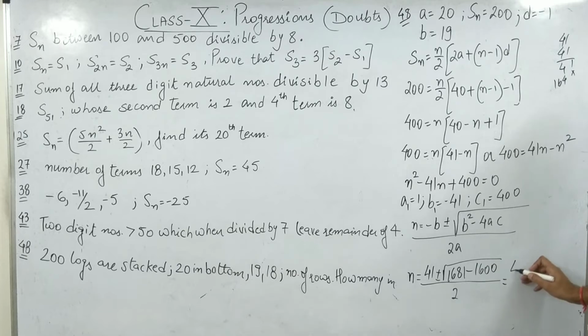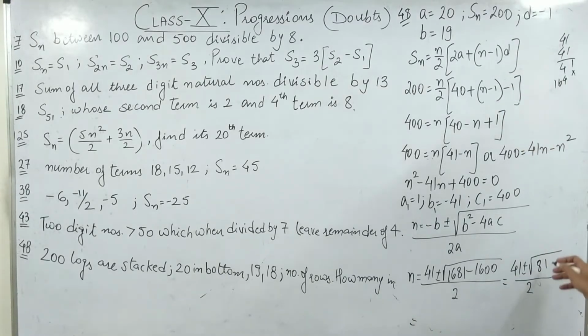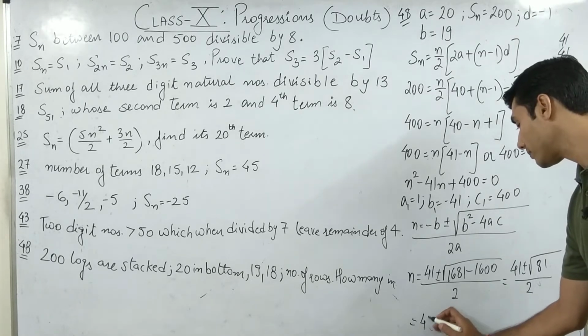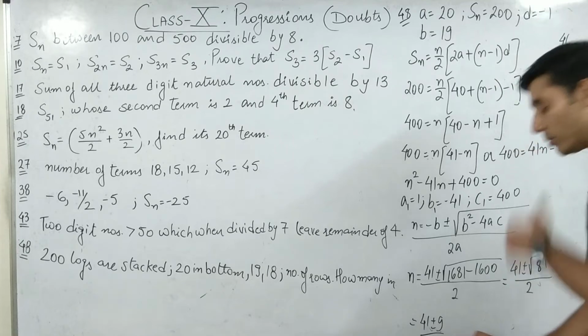So it equals 41 plus minus the square root of 1681 minus 1600, which is 81, by 2. The square root of 81, guys, comes out to 9. So it will be 41 plus minus 9 by 2.